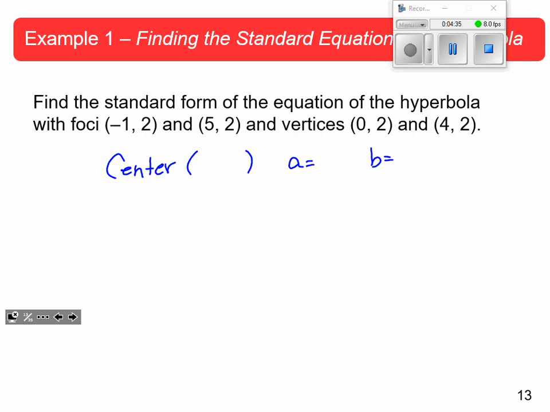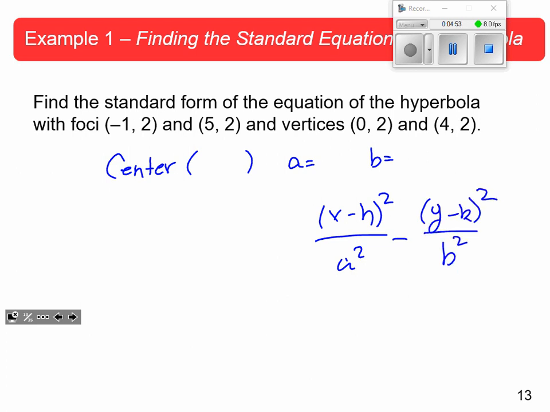So when we look at the foci, the number that's changing in the two foci is the x value, which tells me that we're going to be dealing with x minus h squared over a squared minus y minus k squared over b squared is equal to 1. This is the equation we're using because the x values in the foci are changing. So it's really looking at the general sets of equations in our information and seeing, okay, h plus or minus c for the foci.